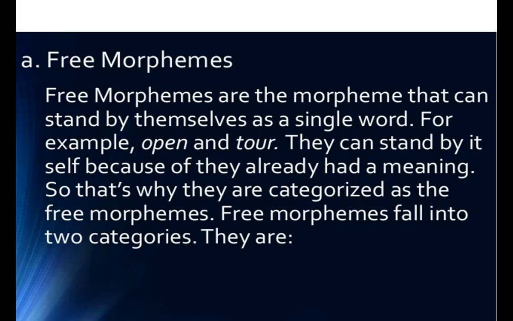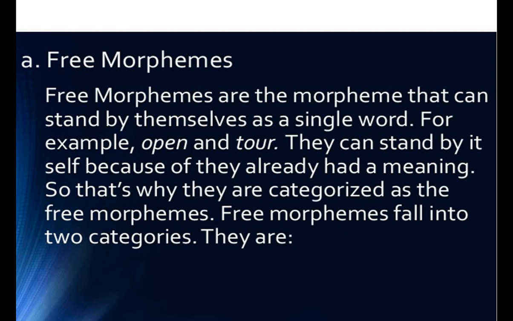Okay, so free morphemes are the morphemes that can stand by themselves as a single word. For example, open and tour. They can stand by themselves because they already have a meaning. Since they have a meaning, they can stand alone. That's why they are categorized as free morphemes.